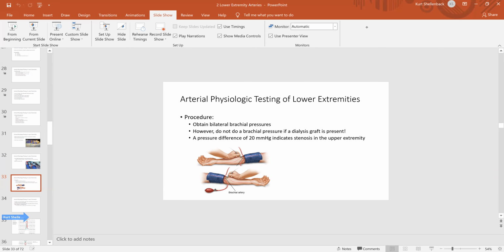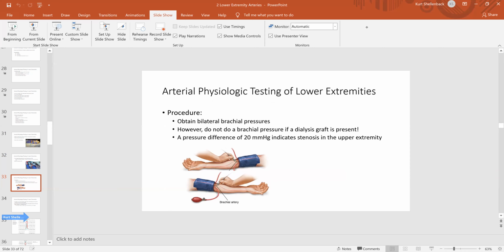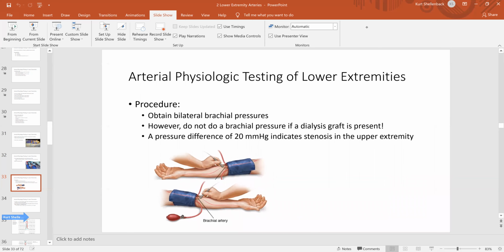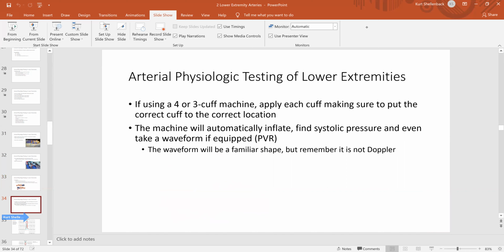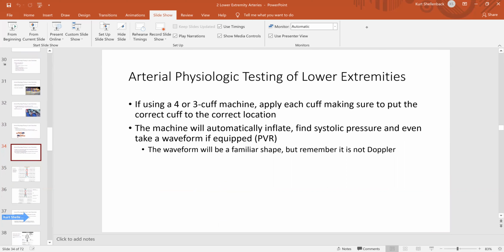Do not do brachial pressures if dialysis grafts are present. A pressure difference between the arms of greater than 20 millimeters mercury is trouble, usually a problem in the subclavians.